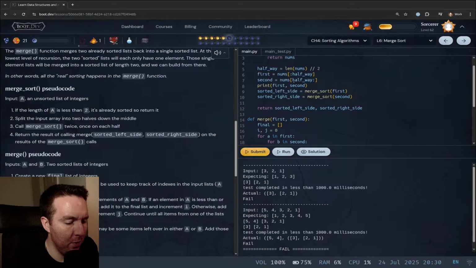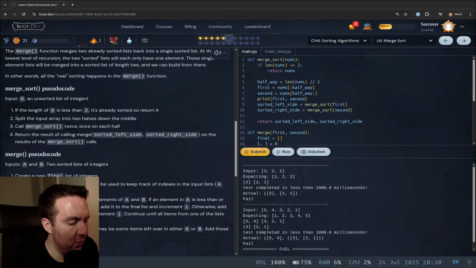Oh, hold on, I got something wrong here. So merge sort code: call merge sort twice, once on each half. So split into two, and then it says call merge sort twice, once on each half.